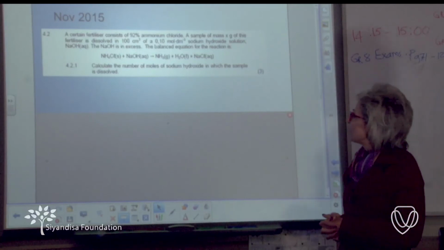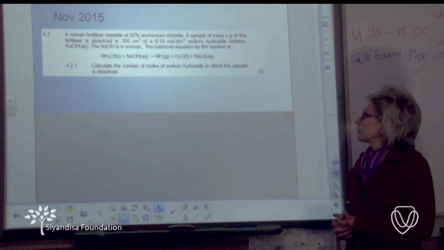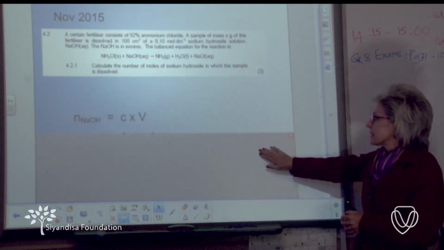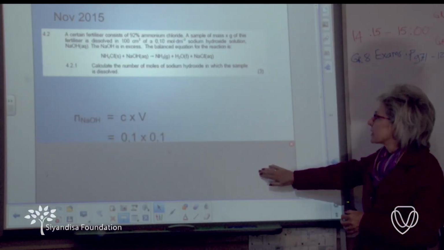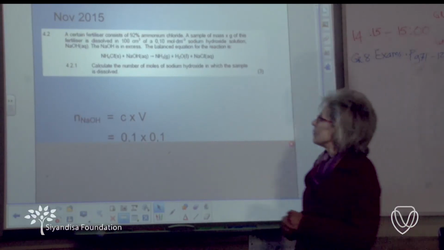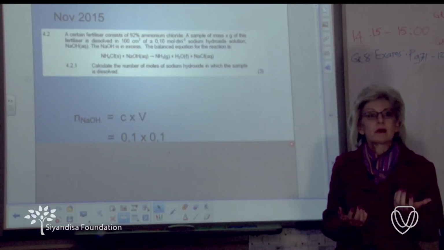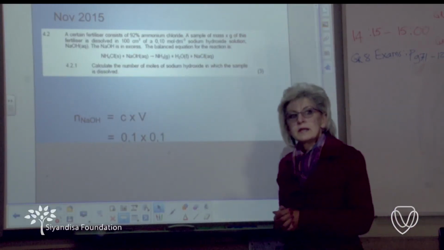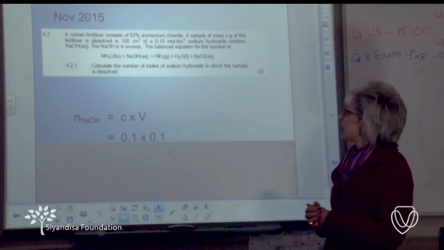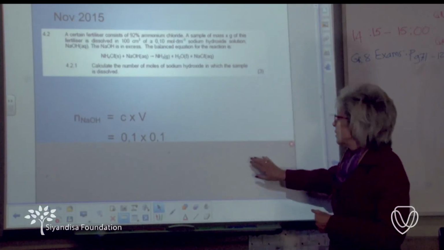Now, to calculate number of mole, our straightforward formula is concentration times volume. So we simply substitute. The concentration was given, 1. The volume was also 1. Why 1? Because it's 100 cubic centimeter, and you will remember, to convert from cubic centimeter to cubic decimeter, we divide by 1,000. So that gives you 0.1 cubic decimeter.